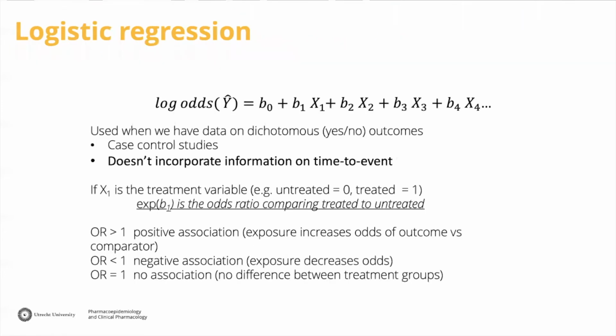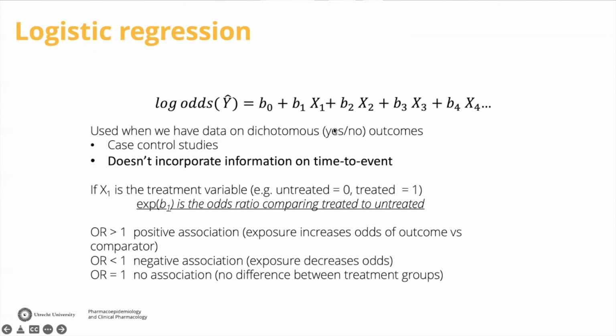Okay, so I'm going to focus in on two different types of models that are typically used for pharmacoepi studies. This includes logistic regression. Recall, we use logistic regression, and this is something you can run in whatever statistical software you're going to be using, when you have a dichotomous outcome, yes or no. It doesn't incorporate information on time to event, as I mentioned.